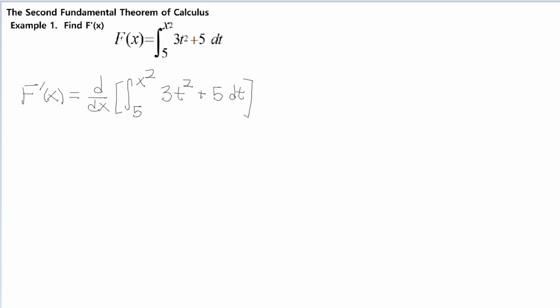Okay, the next step will be taking the integral. So we have d over dx.